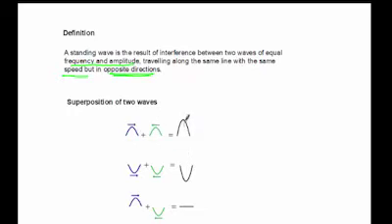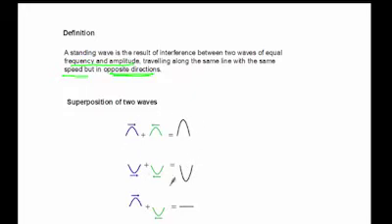The resultant displacement at that point will be the sum of both displacements. So if both crests have the same amplitude A, this higher crest will have an amplitude of 2A. If the amplitude is A and A here, the deeper trough will have an amplitude of 2A.